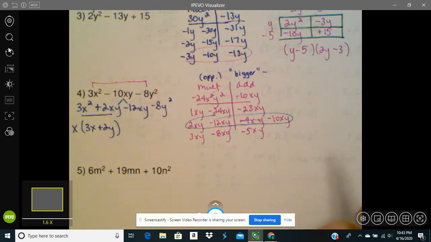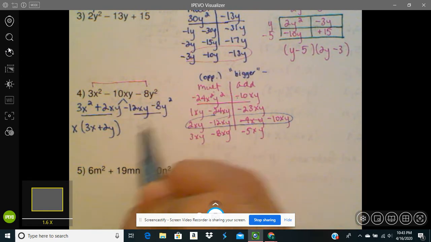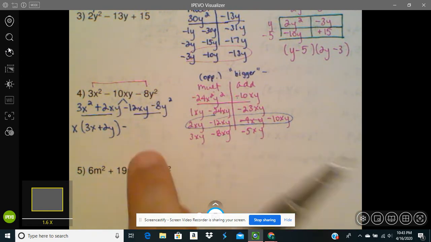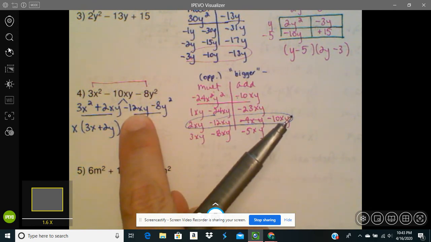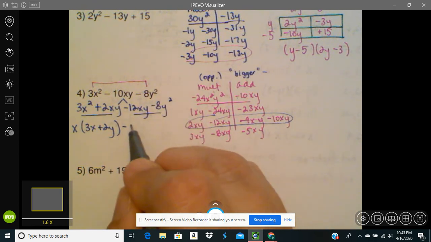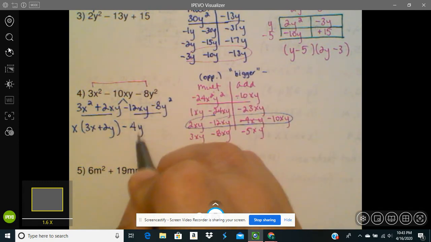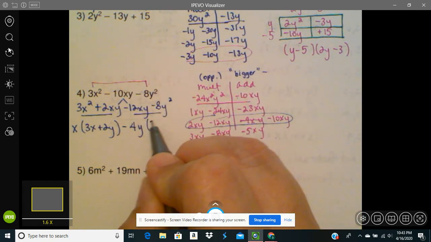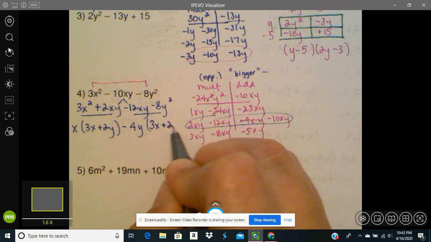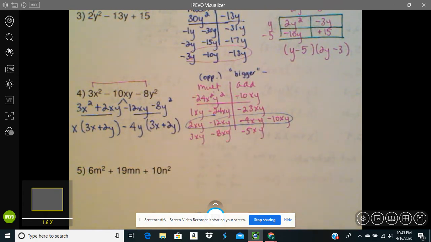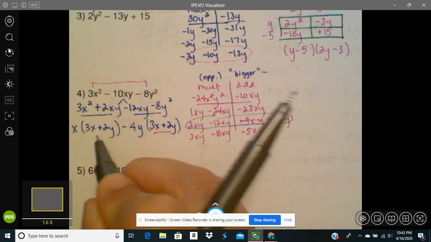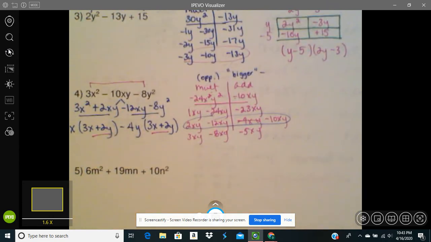Oh, dang. Let's put these two together. We're going to take out a negative. The greatest common factor of 12 and 8 is 4. The greatest common factor of xy and y squared is y. We're left with 3x plus 2y. Oh, would you look at that? So I've got this binomial that's the same in both of them.